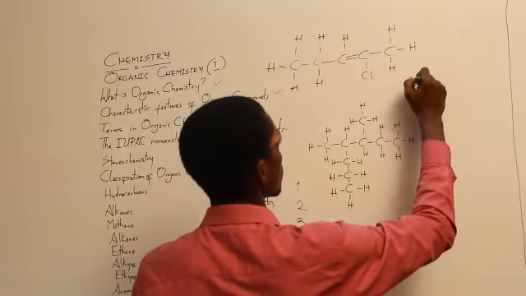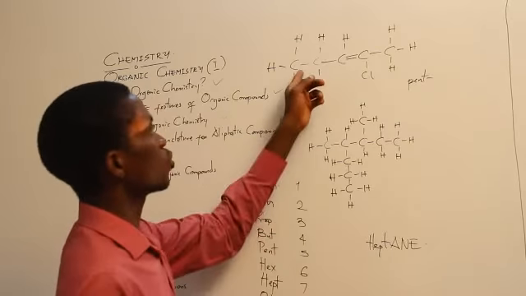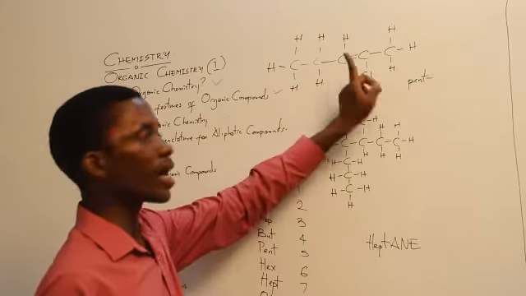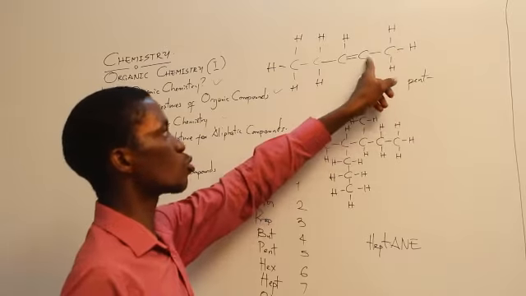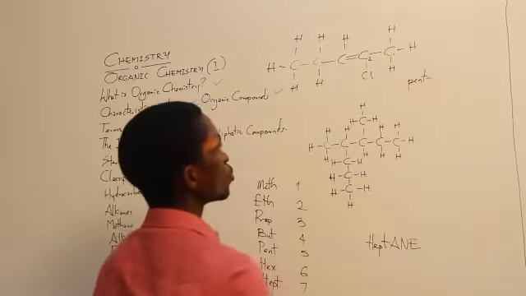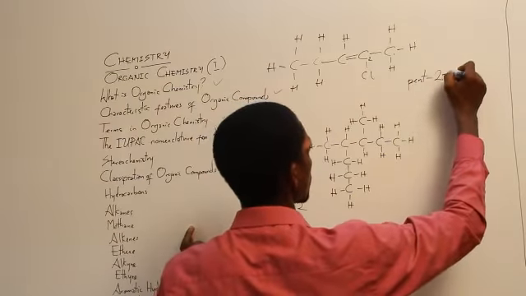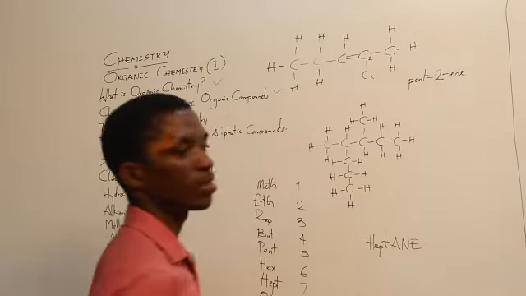pent. In this pent, I am not allowed to count 1, 2, 3. I have to count 1, 2. So this is going to be my carbon 1. This is going to be my carbon 2. So I would name it pent-2-ene.